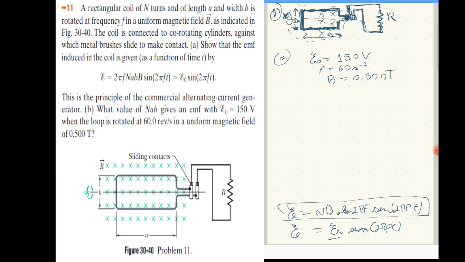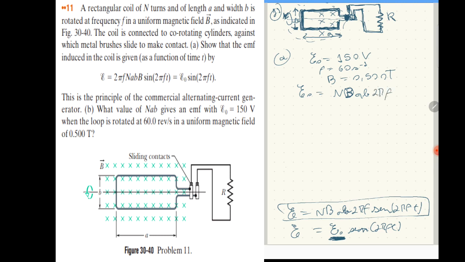I have this number here, which is the amplitude, the magnitude of the electromotive force, and as you may already notice, it equals N B, A B, that is, the area, times 2 pi and the frequency.